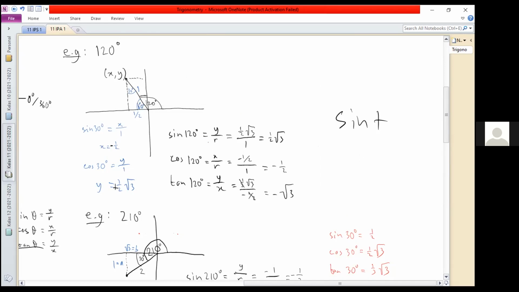The sine here matches up with the cosine of 30 degrees, and the cosine of 120 degrees matches up with the sine of 30 degrees.